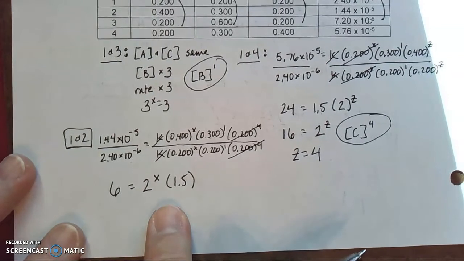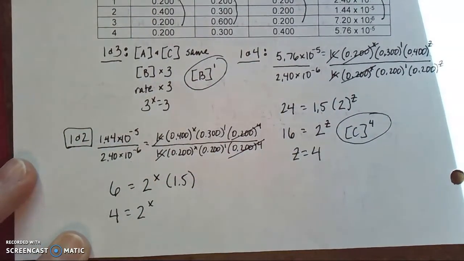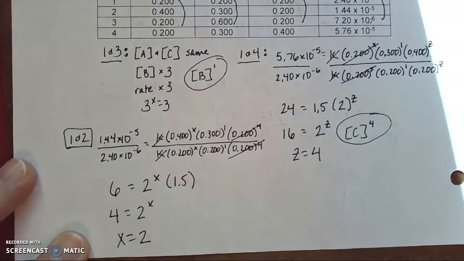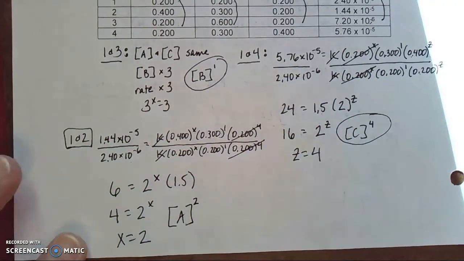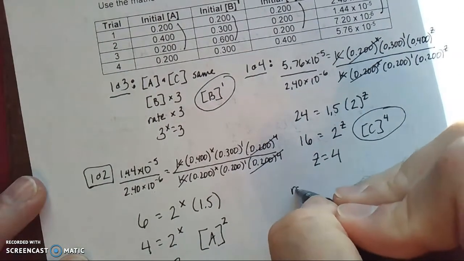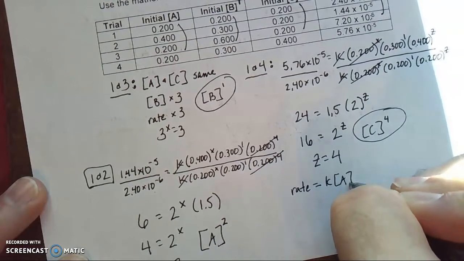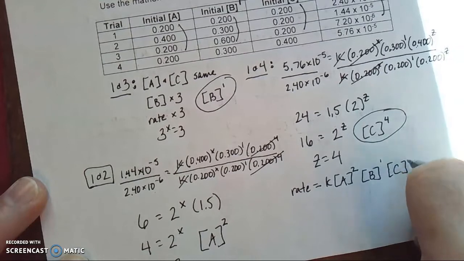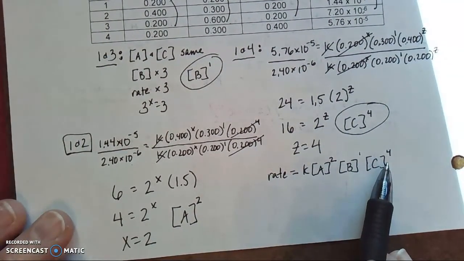So if I divide both sides by 1.5, I get 4 is equal to 2 to the x power. So I get our exponent is 2. So now I know A is to the second power. So now I have rate is equal to k times a squared times b to the first times c to the fourth. So overall, this is to the 7th order.